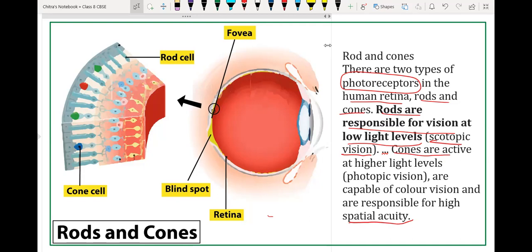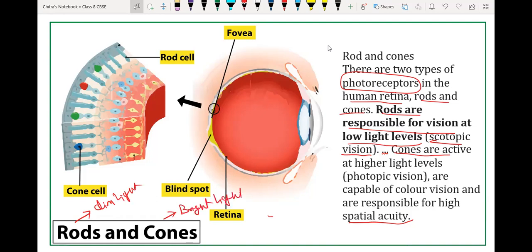So do remember, rod cells are responsible for the formation of image in very dim light, and cone cells are sensitive to bright light.